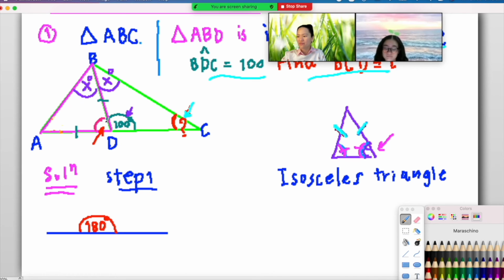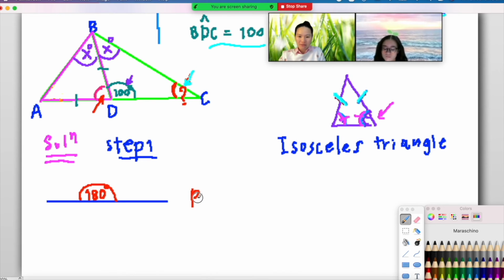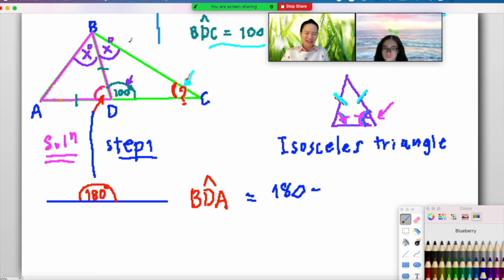So I would like to find BDA. Okay, I write down here first. BDA is here. From here, it needs to equal 180 minus what? Lela, look.